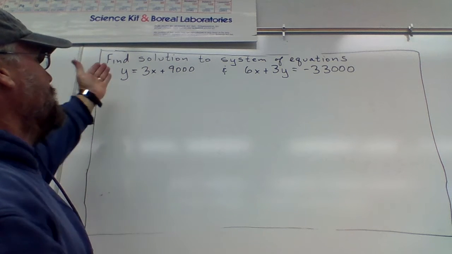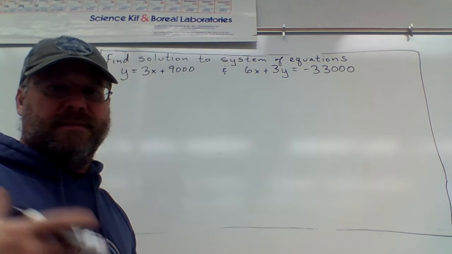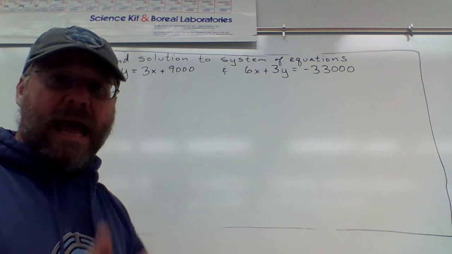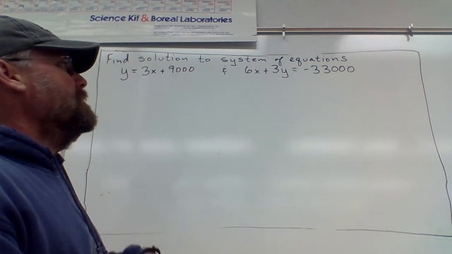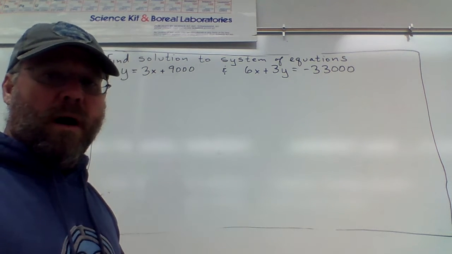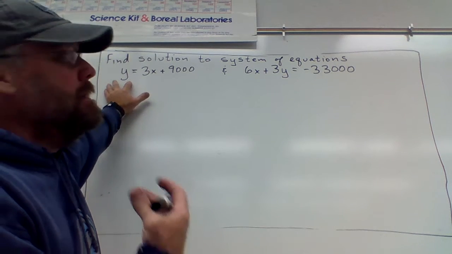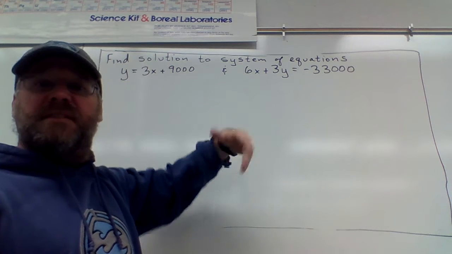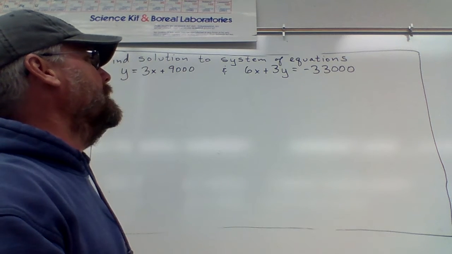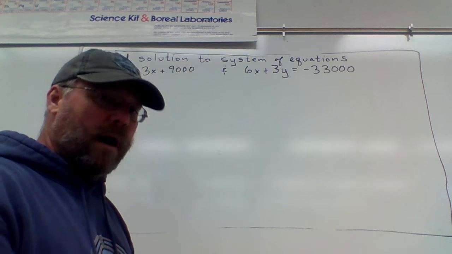Now, if one of these was x equals something and you wanted to solve for x for the other one, that is just as easy. You can do it either way, x or y. But if something's given to you already, you might as well go for that one. So this one, we're going to want to set equal to y, very similar to what we did in the last video. Again, got to get y by itself, isolate the y.